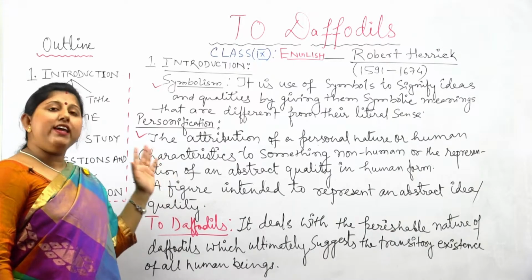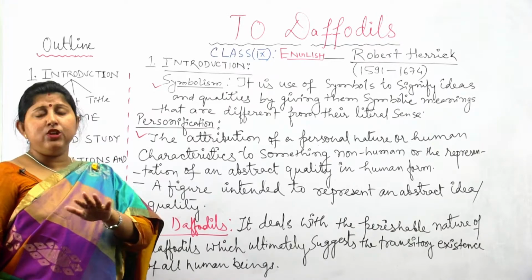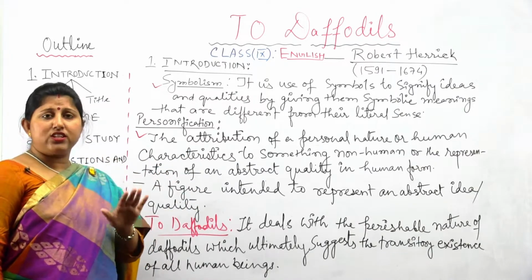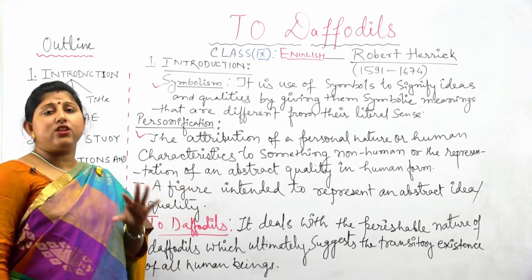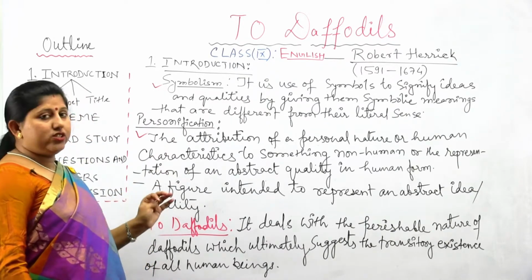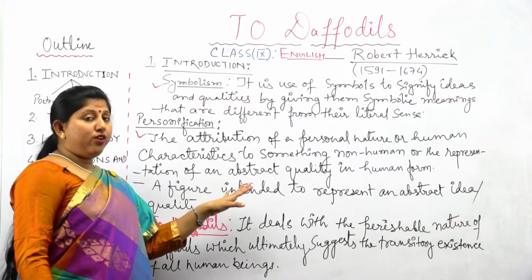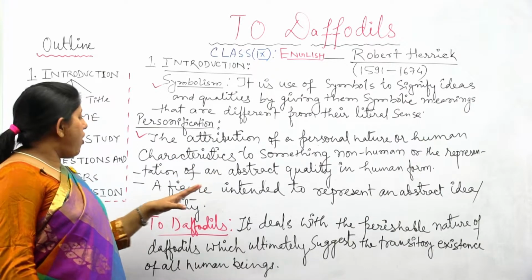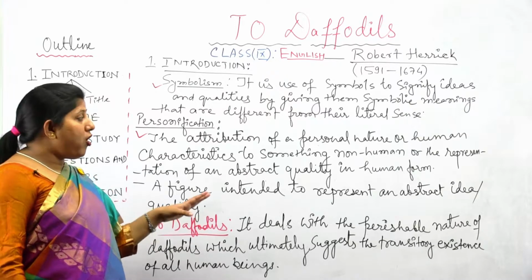In the same manner, the poet used personification. Why am I discussing these literary devices? To make you feel comfortable while studying the poem. When you study this poem, these techniques will help you analyze the core of the poem. Now, personification: the attribution of a personal nature or human characteristics to something non-human, or the representation of an abstract quality in human form.